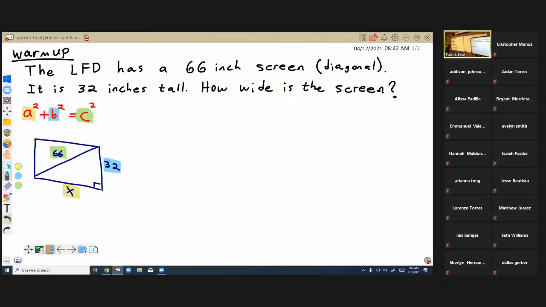All right, so go ahead and fill in the formula. Solve that. We're trying to find how wide the screen is, which is actually this width right here. Let's see if we can figure that out.